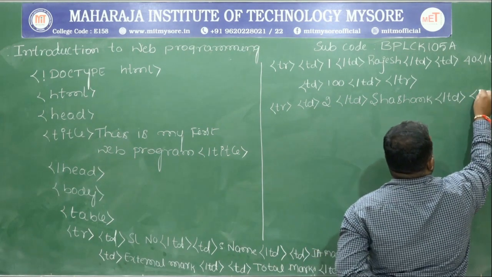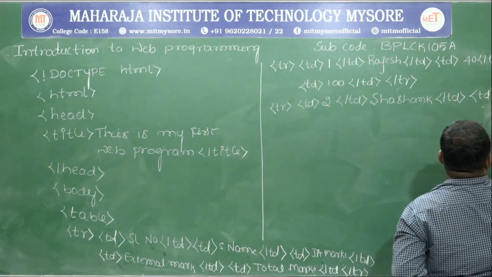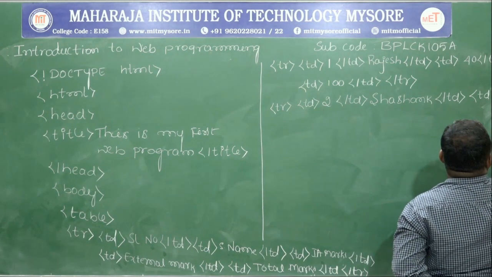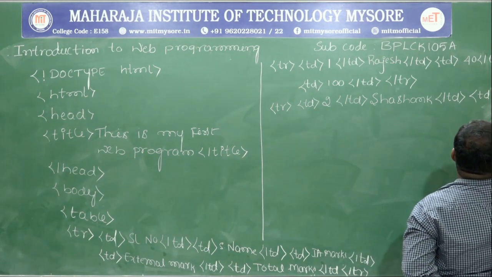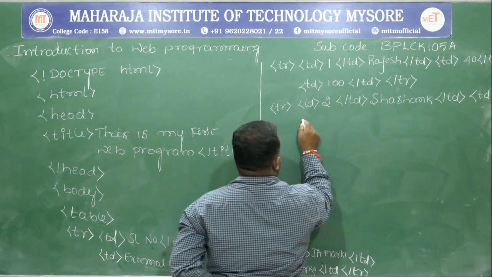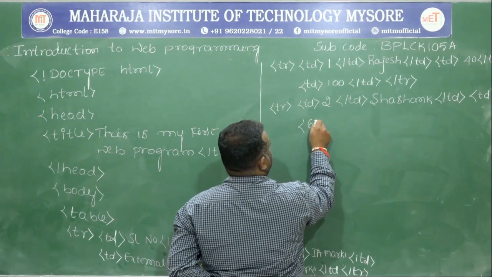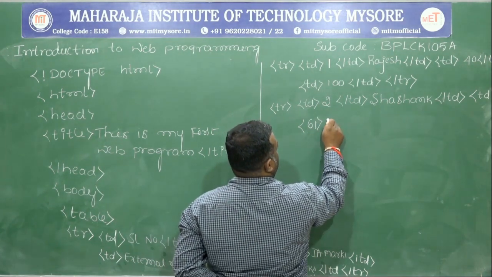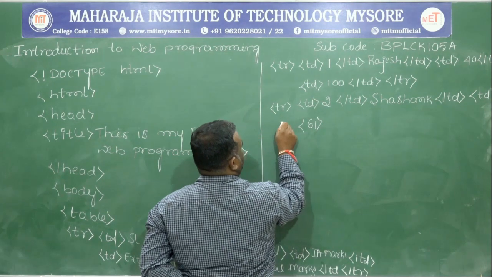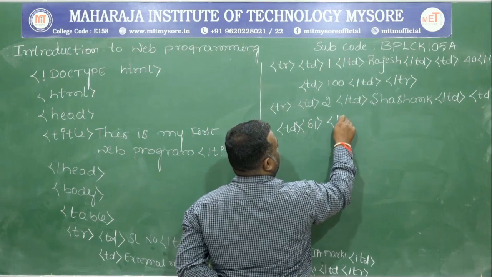The next field of data is internal marks, 39, and then end of the TD, and the next data is external marks, 61, and then end of the TD.